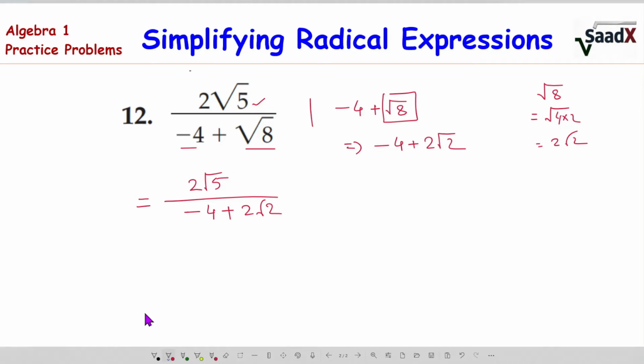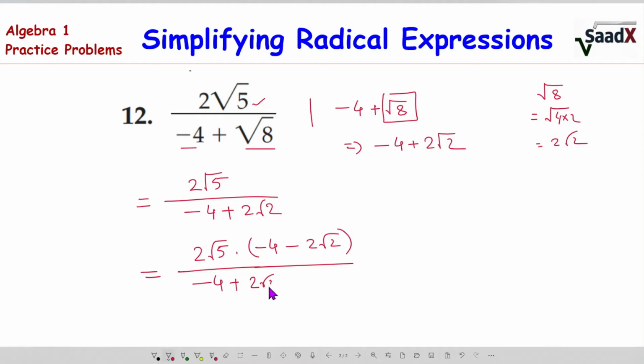And now, what next? We will multiply 2 root 5 times minus 4 minus 2 root 2, and the denominator is minus 4 plus 2 root 2 times minus 4 minus 2 root 2.